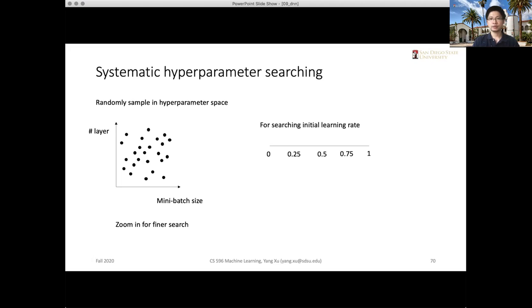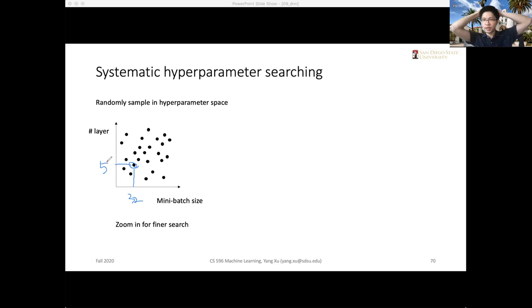If we spot the best point here, then we can zoom into that area and do a final search if needed. That point corresponds to the mini batch here and the number of layers here. So this number could be probably 32, or the number of layers could be 5, and so on. This is a pretty straightforward method to find the best hyperparameters.